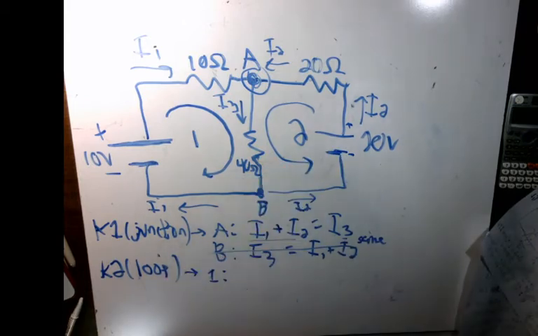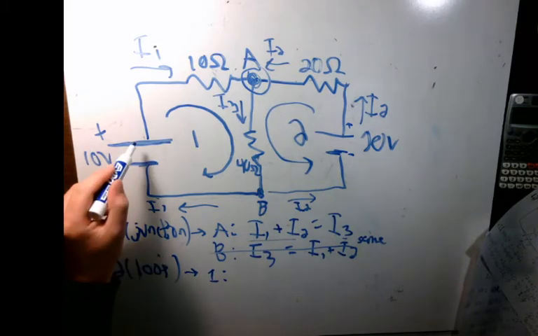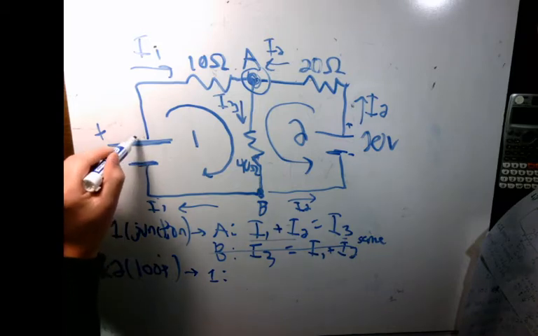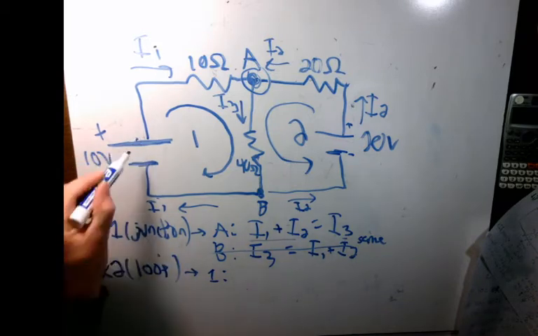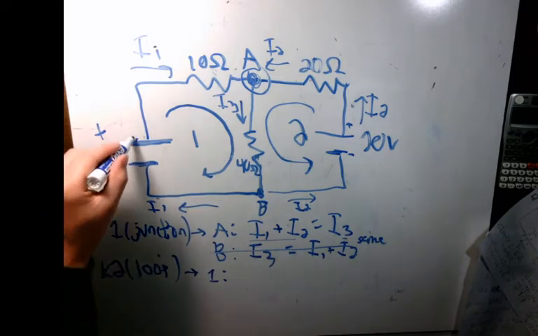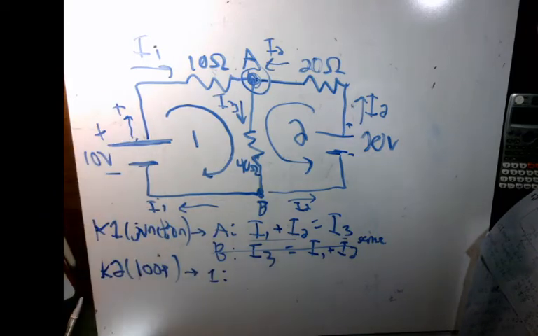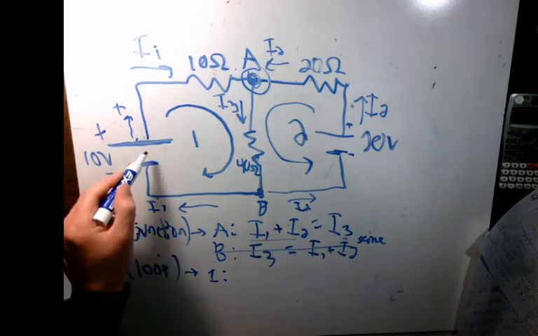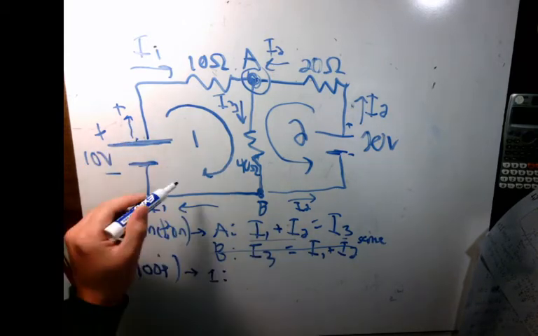Our cathode and our anode. So our positive side is where our conventional flow, or a positive current, is going to be leaving, right? So as we've drawn our loop, we're having the positive come out, and it's the same direction as our loop.